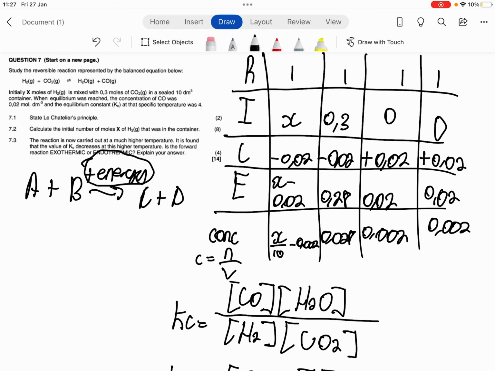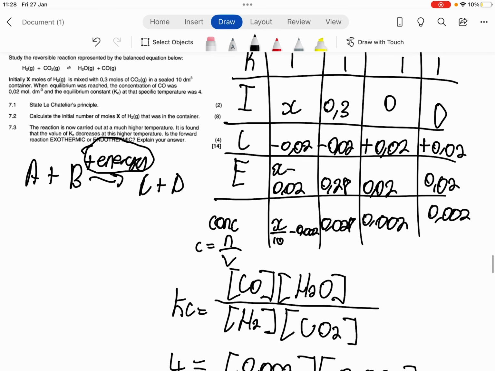So when we increase the temperature of a system, according to Le Chatelier, we want to decrease the temperature. We decrease it by using it up. So we're going to use a reaction that uses energy, and in that case it's going to be an endothermic reaction.